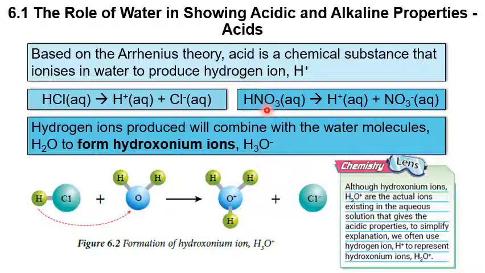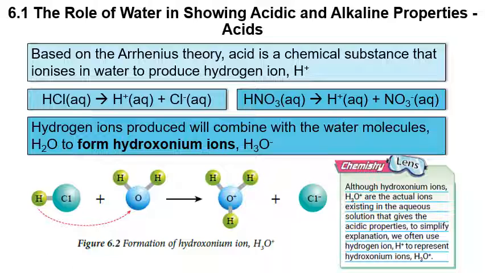Nitric acid will ionize in water and produce hydrogen ion H+ and nitrate ion. The hydrogen ions produced will combine with the water molecules H2O to form hydronium ions H3O+.